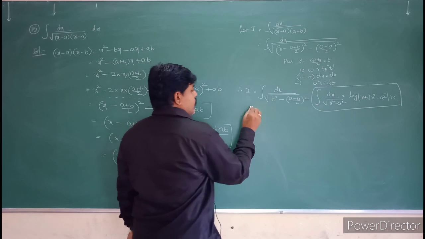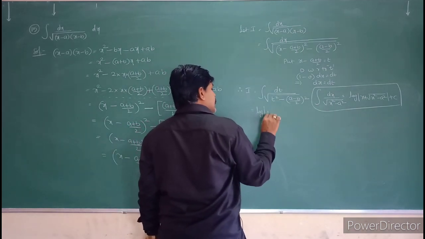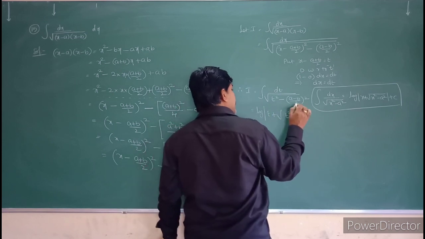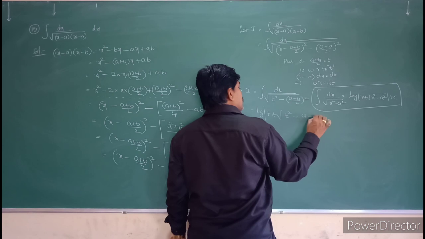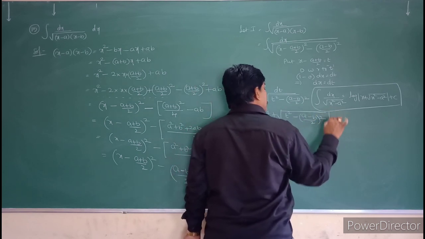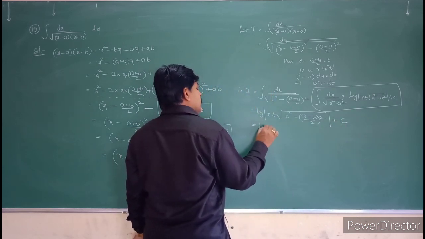So this formula becomes log mod t plus root of t square minus ((a minus b)/2) whole square plus c. What is the t value? Replace the t once again.